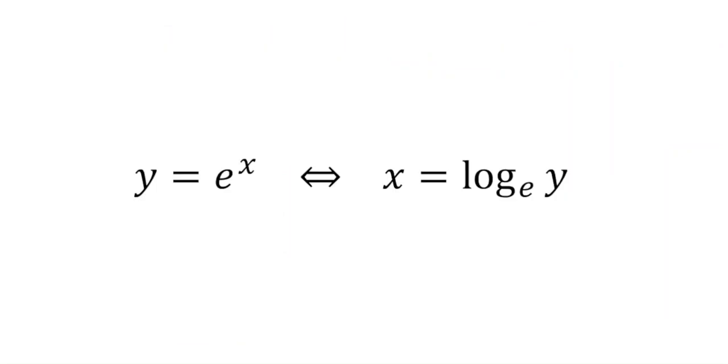Now, if we know about e, the natural number, and we know how to calculate e to the power of something, then it's a short step from there to rearrange it into the logarithmic form. So instead of log base a, we've got log base e, so x can be equal to log base e of y.